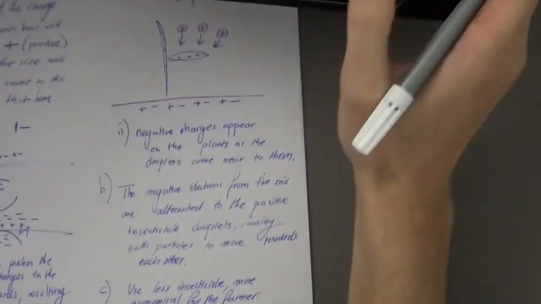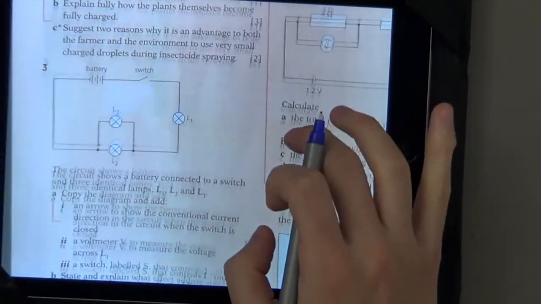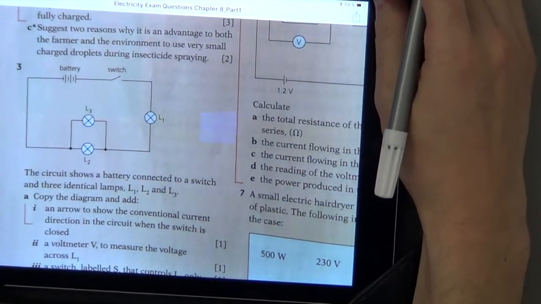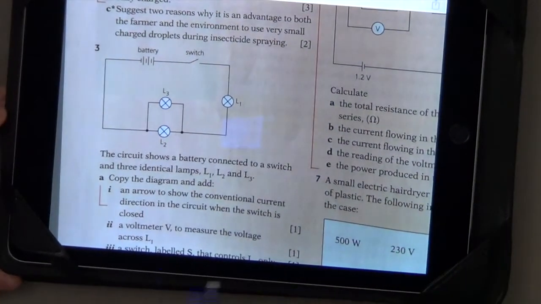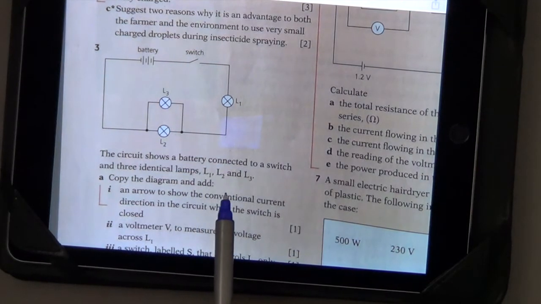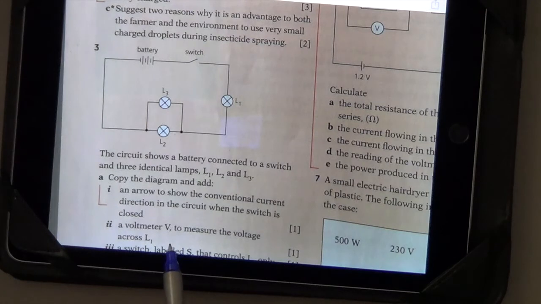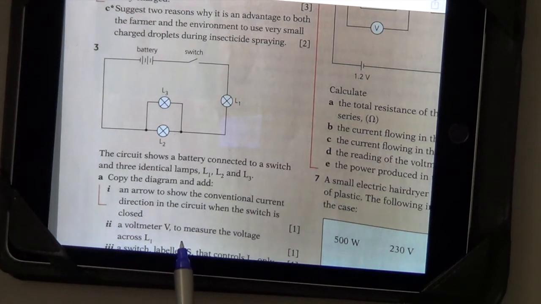Right, next question. It says the circuit shows a battery connected to a switch and 3 identical lamps, L1, L2 and L3. Copy the diagram and add an arrow to show the conventional current direction in the circuit when the switch is closed. So, I'm just going to do that circuit for you.